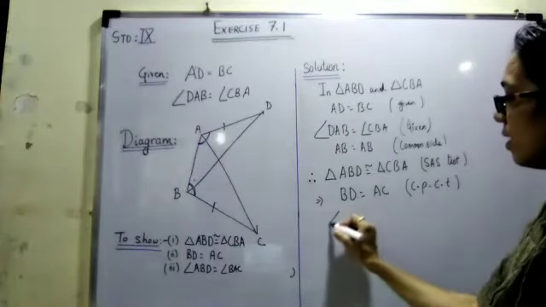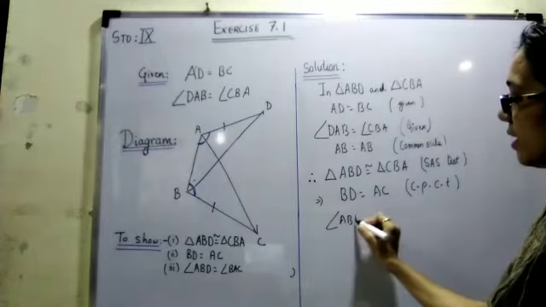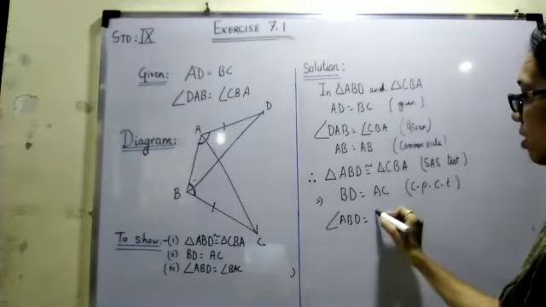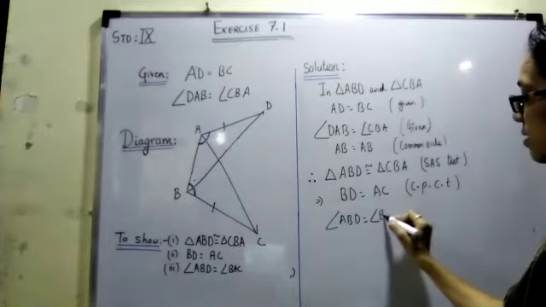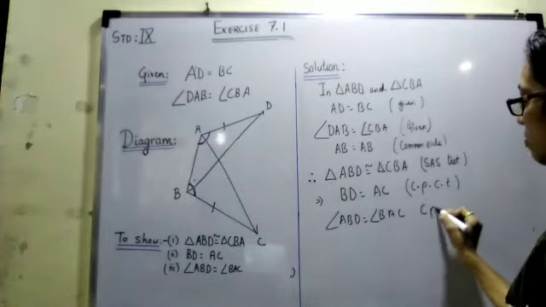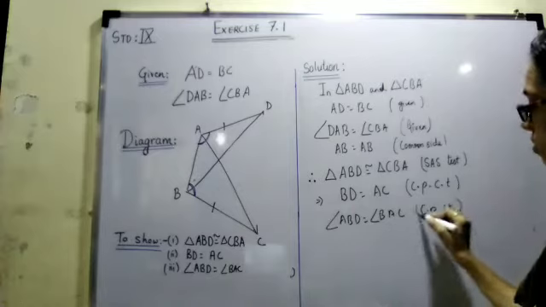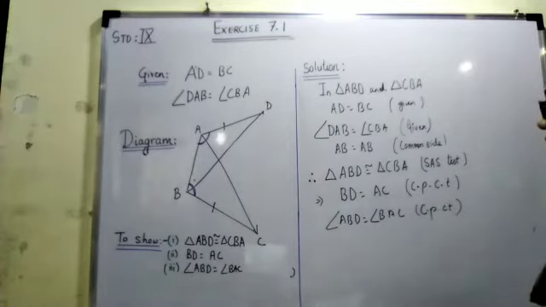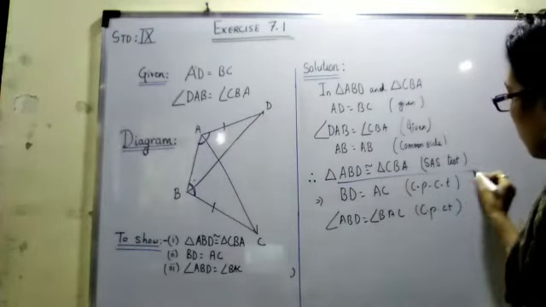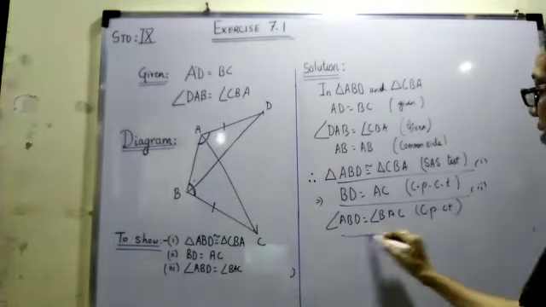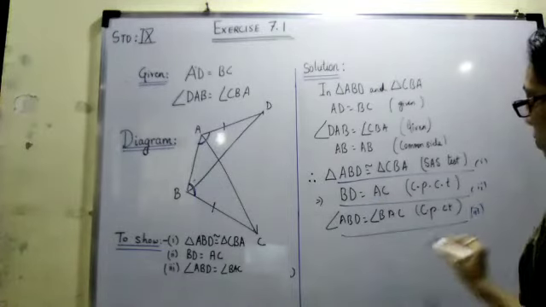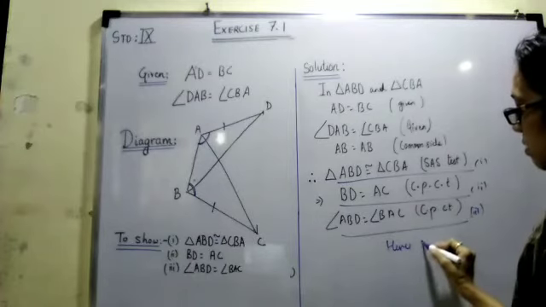So I can write down angle ABD is equal to angle BAC by corresponding pair of congruent triangles. So here you can see this first part is proven. The second part is also proven, and the third part is also proven. Hence, proved.